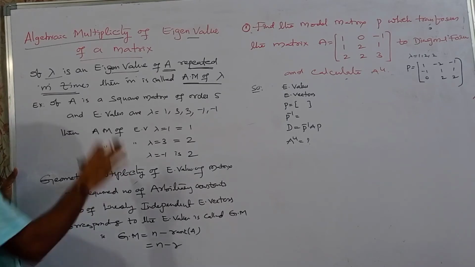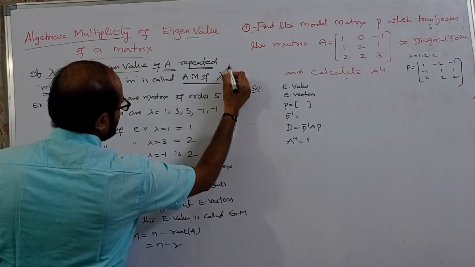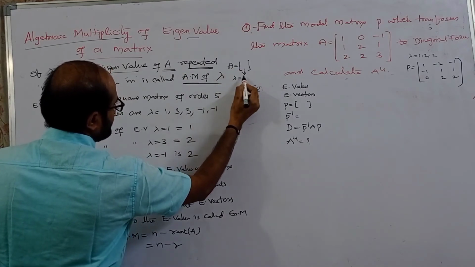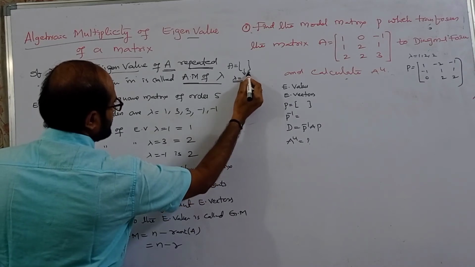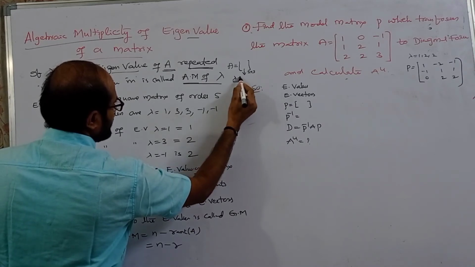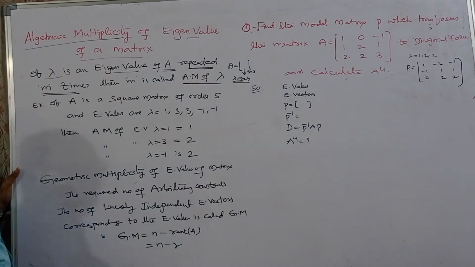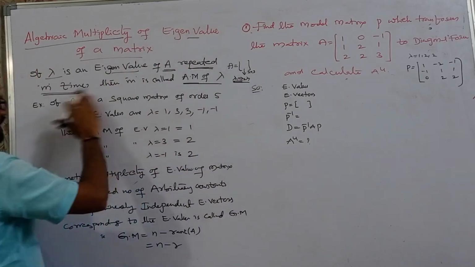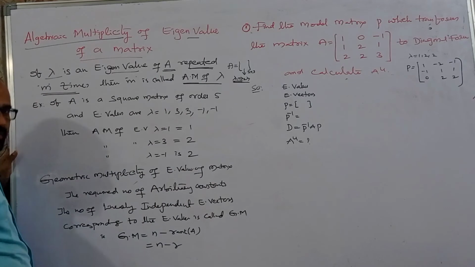It means if A is a matrix given, then find the eigenvalues. So for example, if it is a 3 by 3 matrix, you can find lambda 1, lambda 2, lambda 3, 3 eigenvalues, right? Then if an eigenvalue is repeated m times, then m is the algebraic multiplicity.